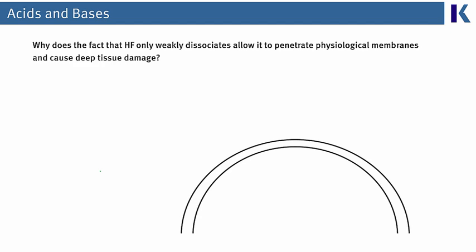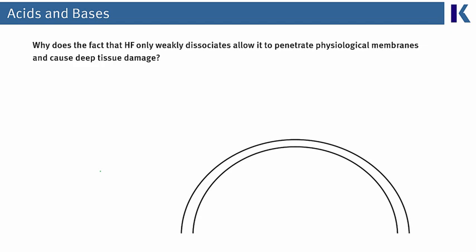But probably the most damaging aspect of hydrofluoric acid is the fact that it can penetrate into your skin, enter your circulatory system, and attack your vital organs. And in fact, it's actually hydrofluoric acid's status as a weak acid that allows it to do that. Let's find out why in this final prompt.